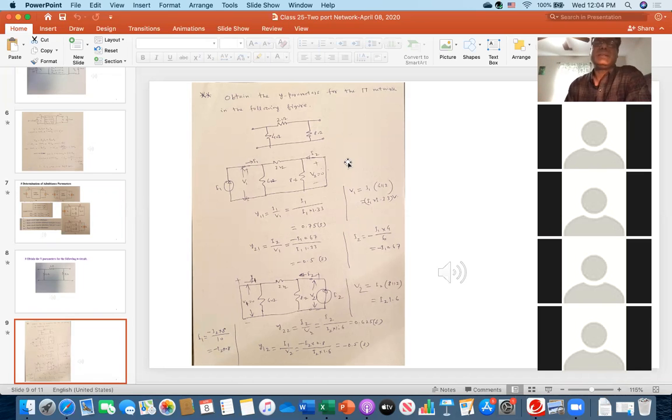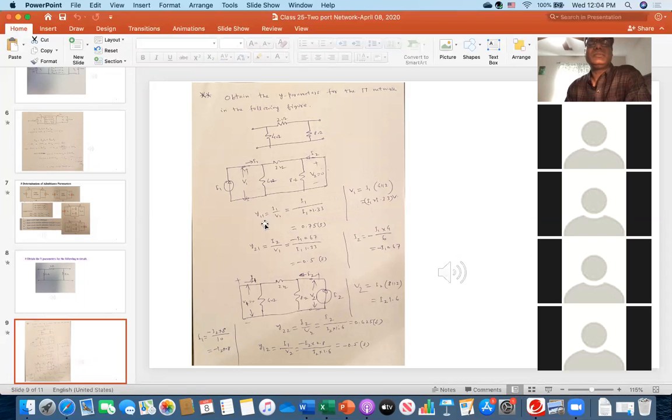So I have to make the right side short, or in the next case the left side short. Right side short means V2 equal to 0, but current I2 is flowing. Now with this condition, what will you be getting?